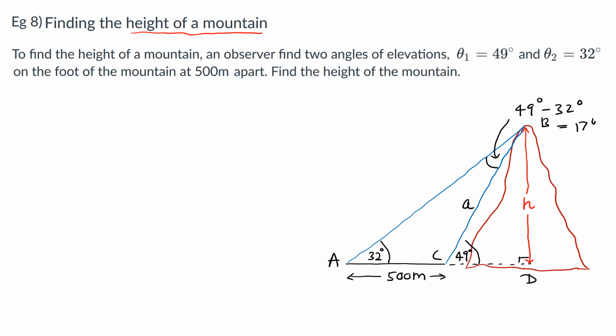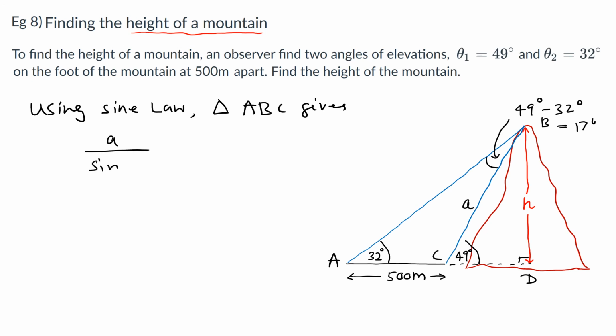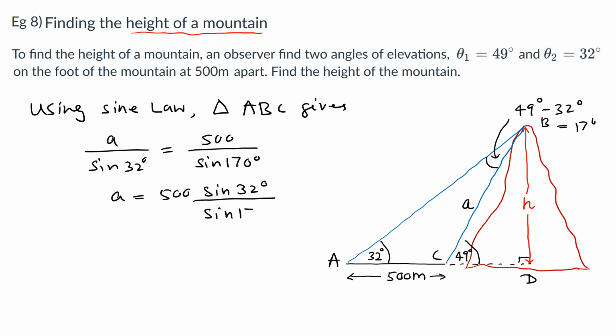Now using the sine law in triangle ABC, A over sine 32 equals 500 over sine 17. So A equals 500 times sine 32 divided by sine 17.